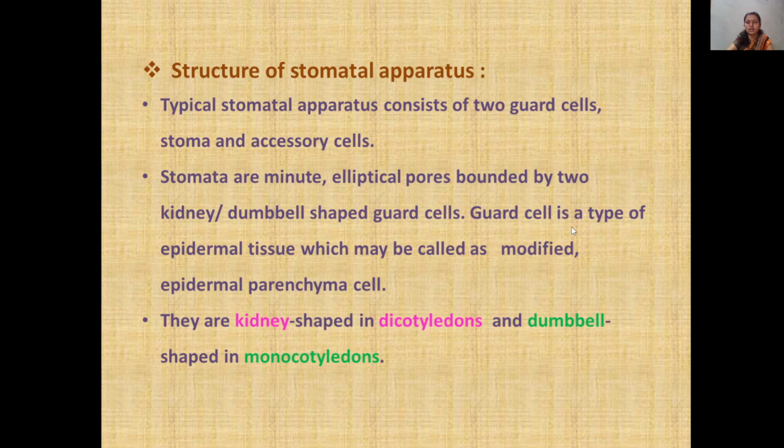Guard cell is a type of epidermal tissue which may be called a modified epidermal parenchyma cell. Second, they are kidney-shaped in dicotyledonous plants and dumbbell-shaped in monocotyledonous plants.